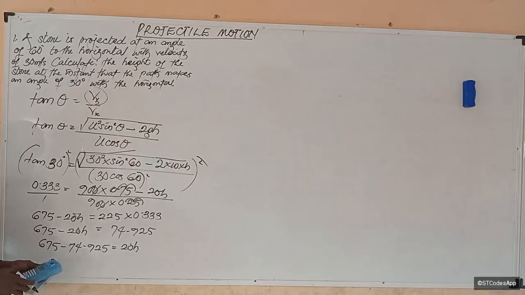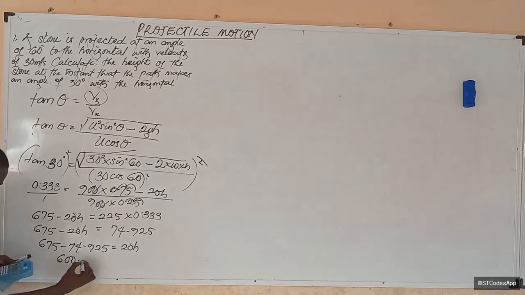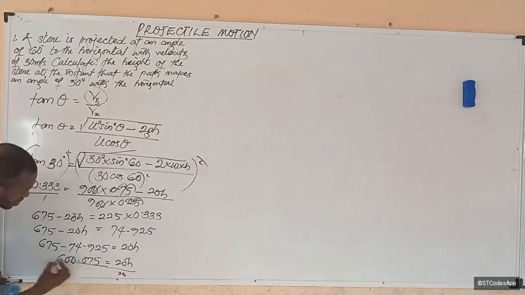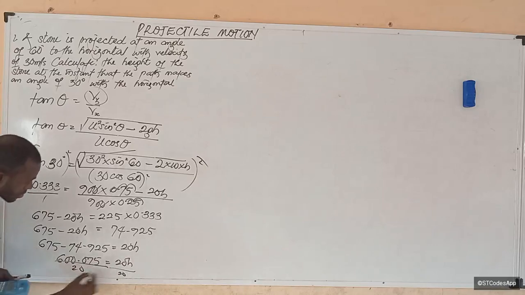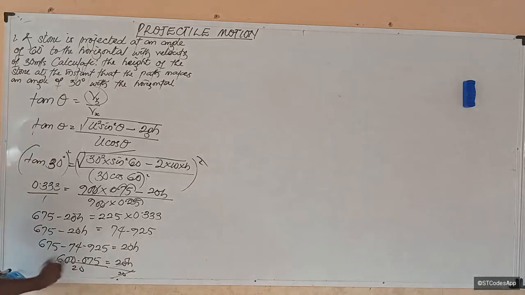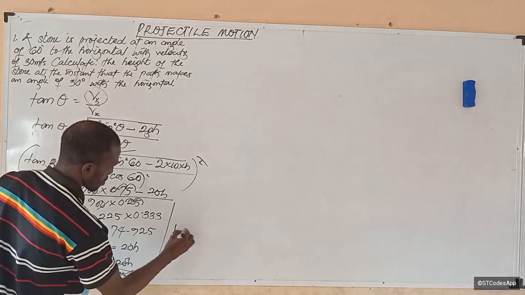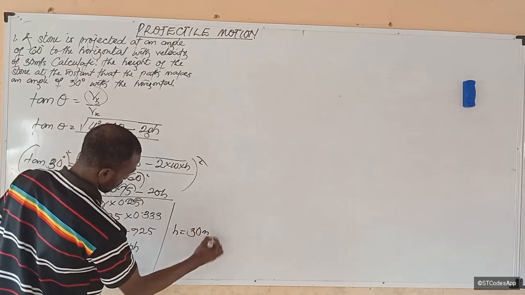So 675 minus that gives 600.075 equal to 20h. So divide by 20, approximately 30. Wow. Divided by 20, that's 30.00 something. So h becomes 30 meters.